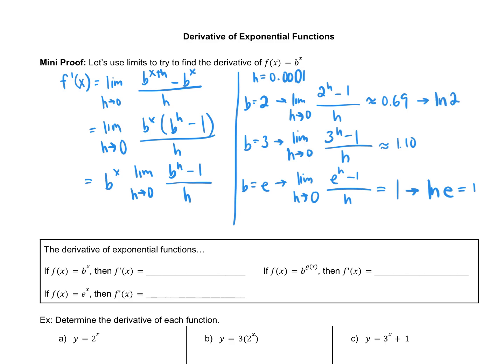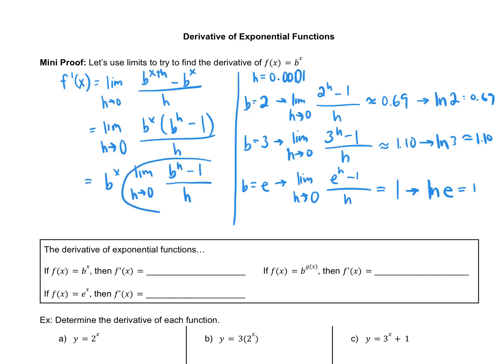If you punch in ln 2 into your calculator, you do in fact get 0.69. If you type in ln of 3, again, you get approximately 1.1. So it looks like the limit as h approaches 0 of the base to the power of h subtract 1, all over h is equivalent to ln of the base.